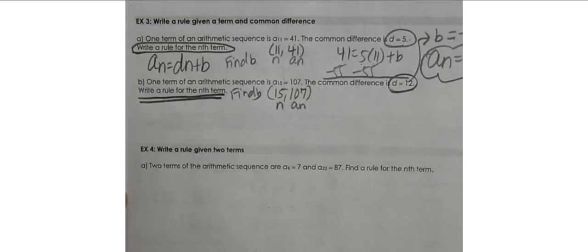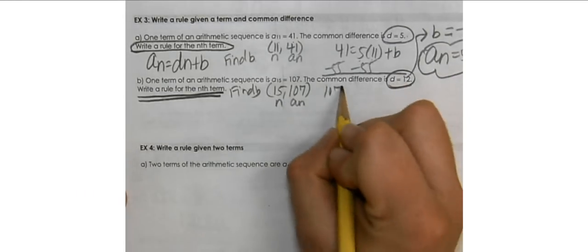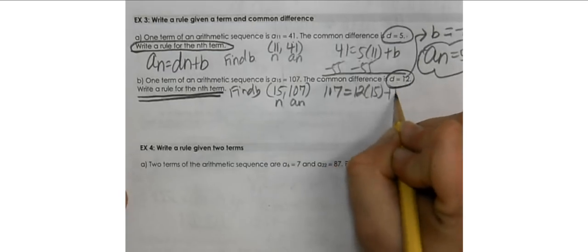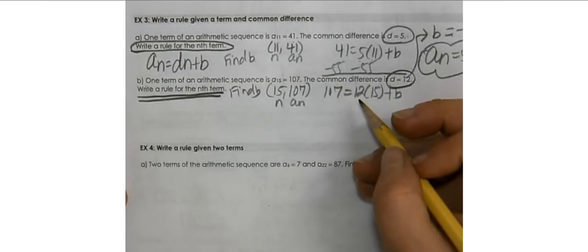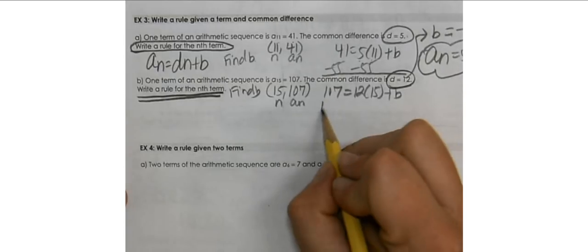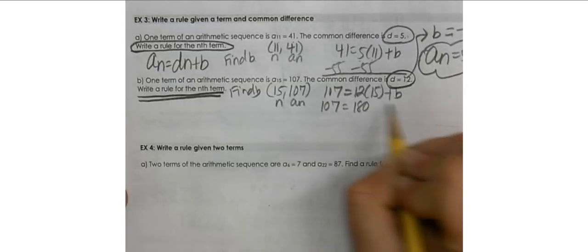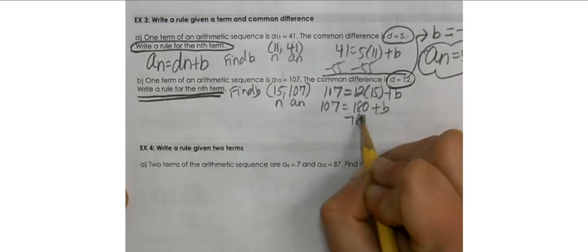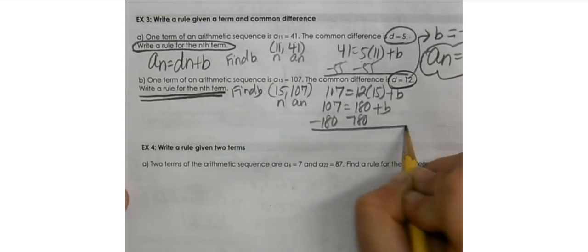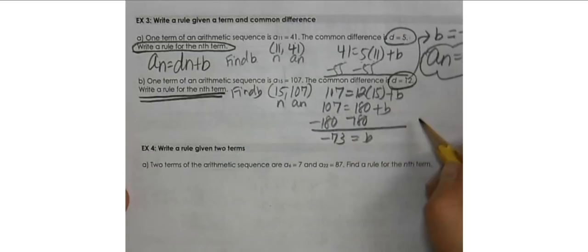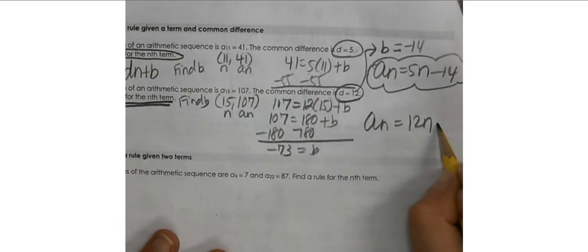So I'm going to write down 107 is equal to 12 times 15 plus b. 12 times 15, that is equal to 180. So I have 107 is equal to 180 plus b, subtracting 180 on both sides. I end up with b is equal to -73. So my equation is a sub n is equal to d, which is 12 times n minus 73. And there's my equation.